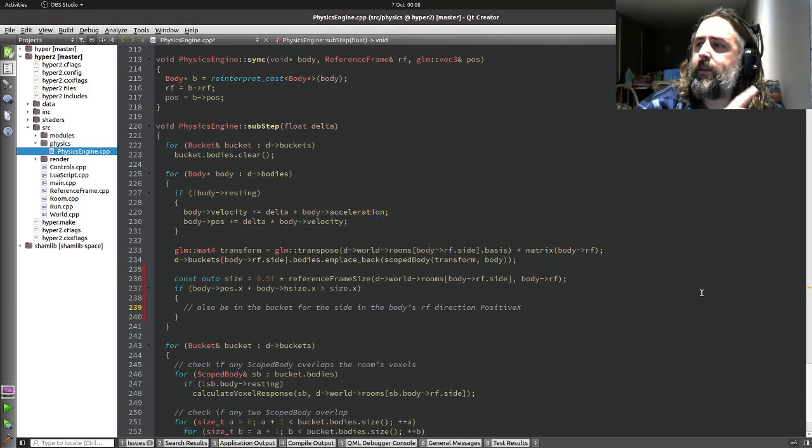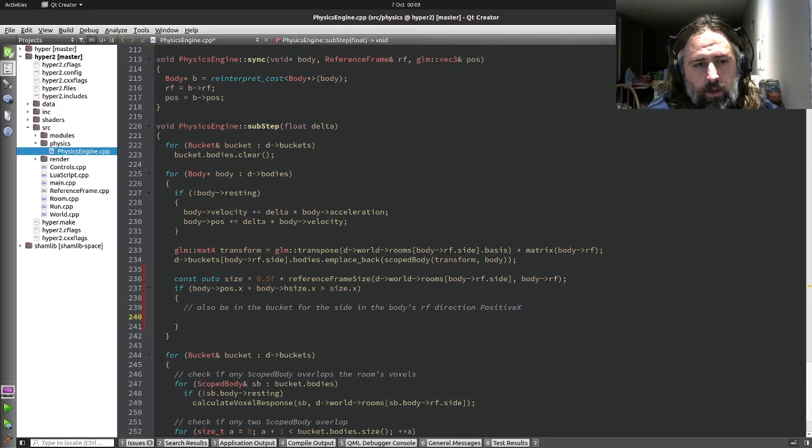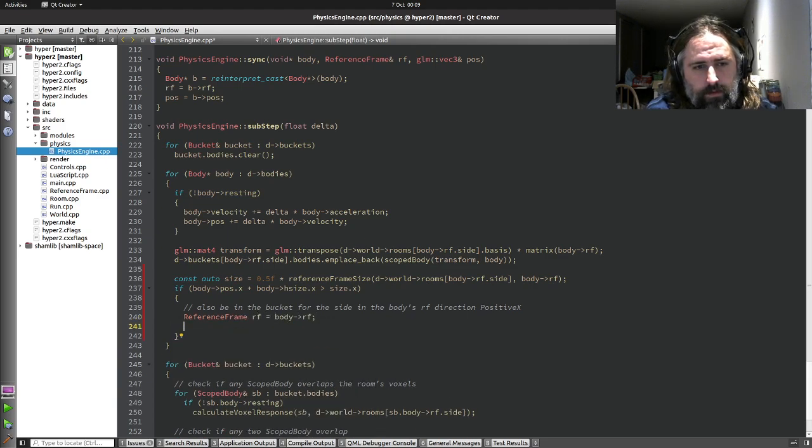What does that mean? It's a good question. Okay, so how do you work that out? You get a reference frame which is the same as the body's reference frame, but you want to move it in the direction of positive x.